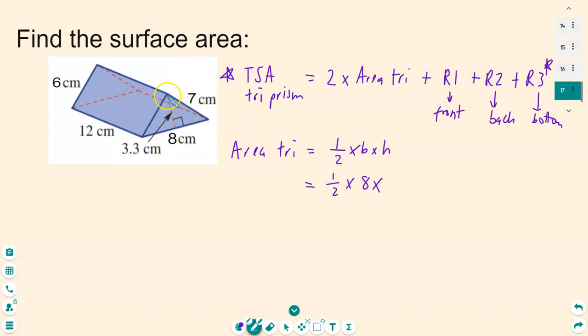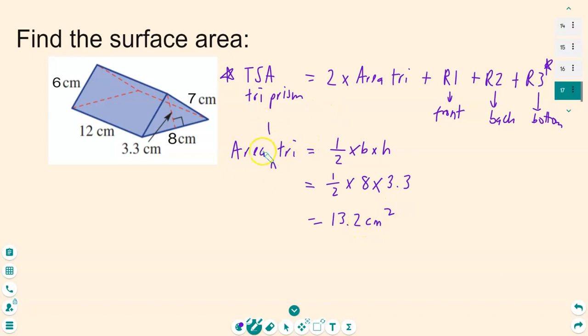With triangles, it has to be the perpendicular height. That means the height at right angles to the base. You're going to choose that one that goes straight up and down. 0.5 times 8 times 3.3, 13.2.